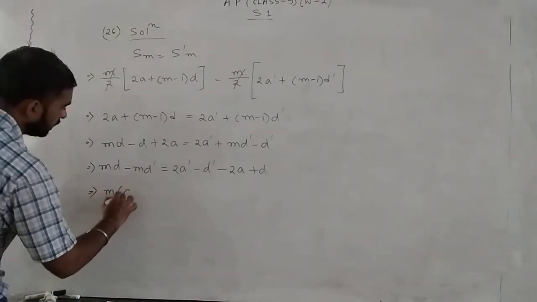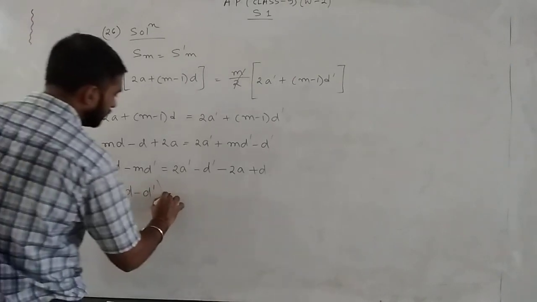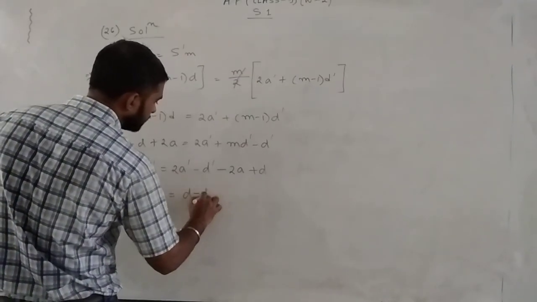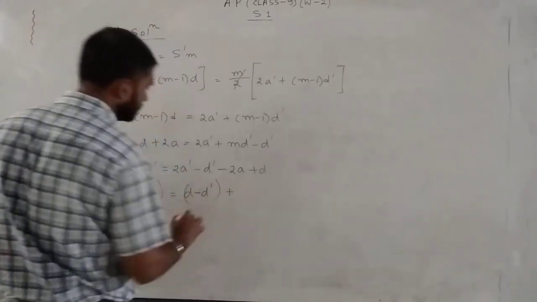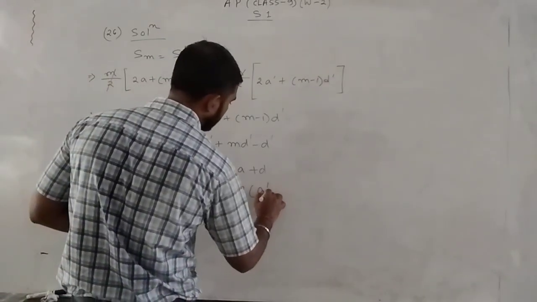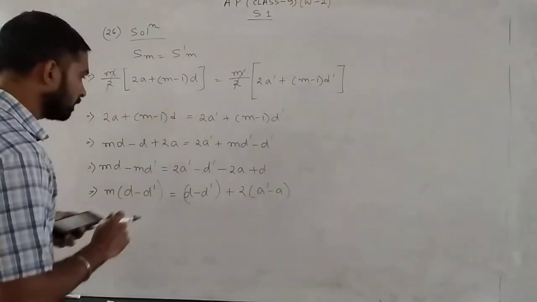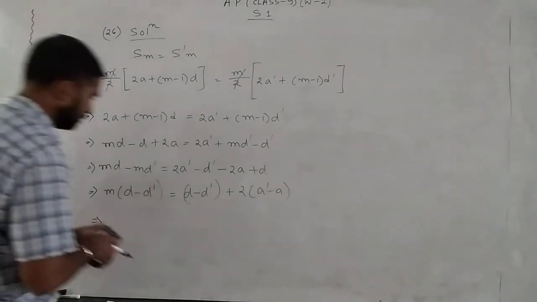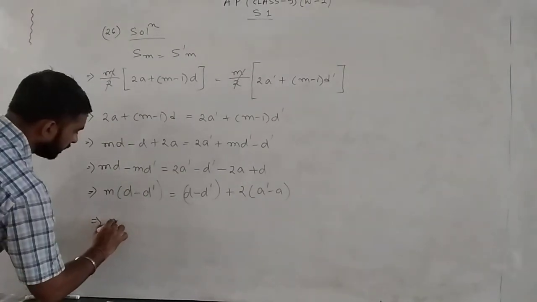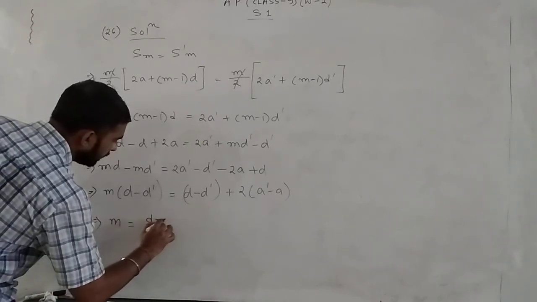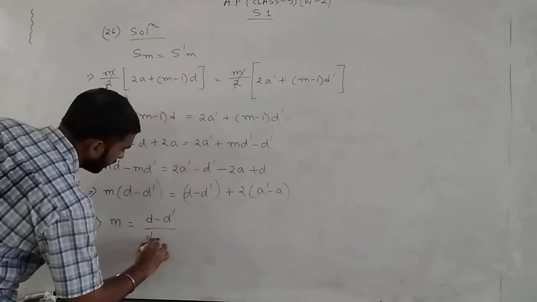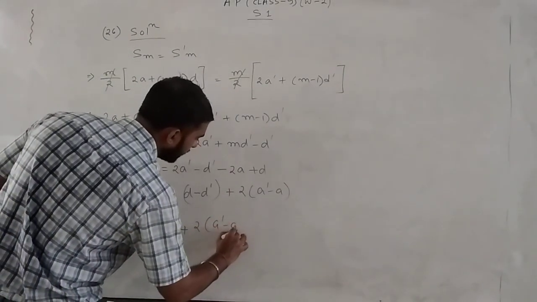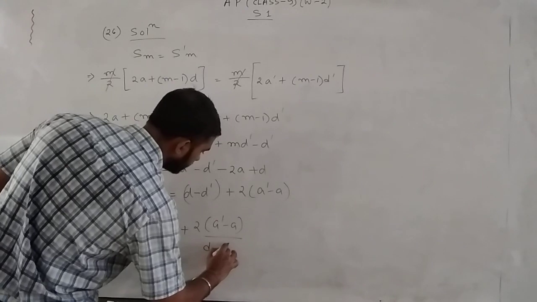So m common, D minus D dash equal, here again D minus D dash, then plus 2 common, A dash minus A. The next step, m equal D minus D dash by D minus D dash plus 2 into A dash minus A by D minus D dash.